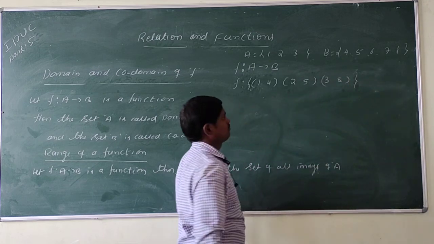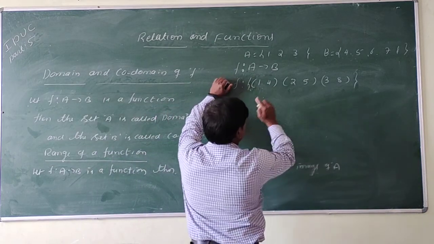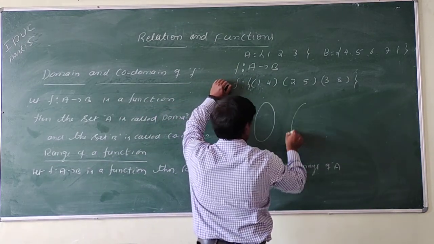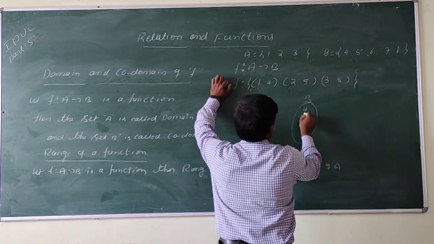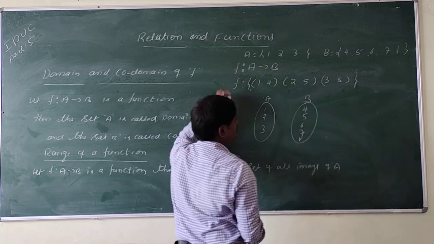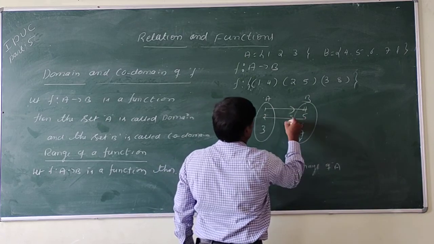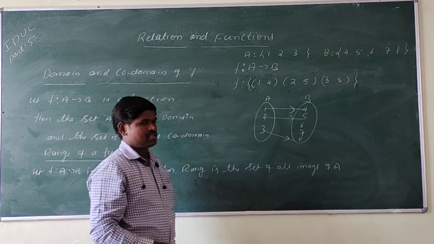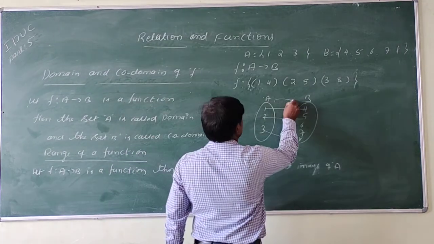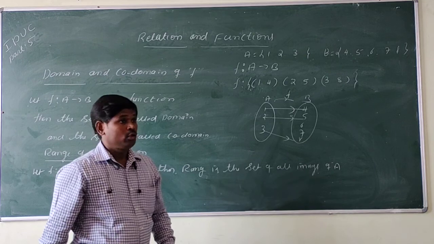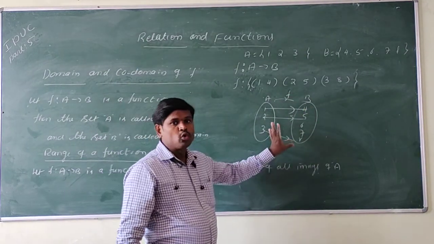So 1 is related with 4, 2 is related with 5, and 3 is related with 8. The whole set A is considered as the domain, and the whole set B is considered as the codomain.